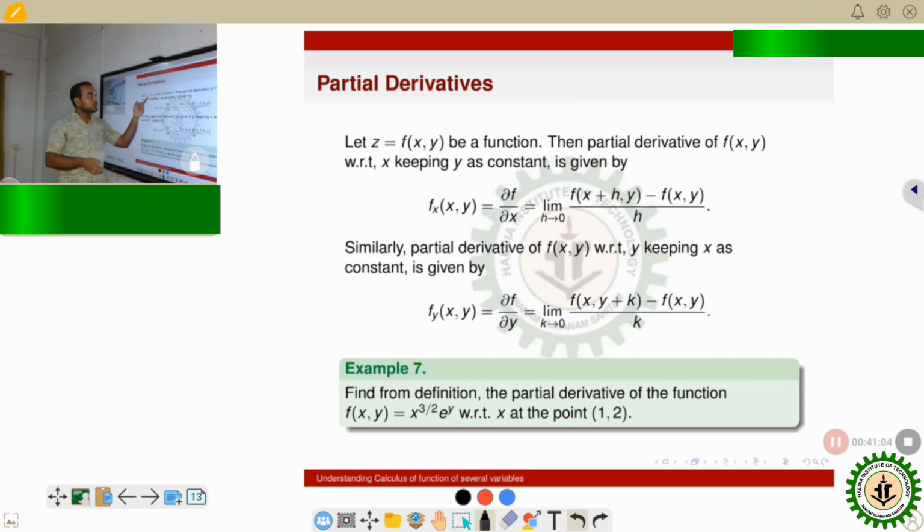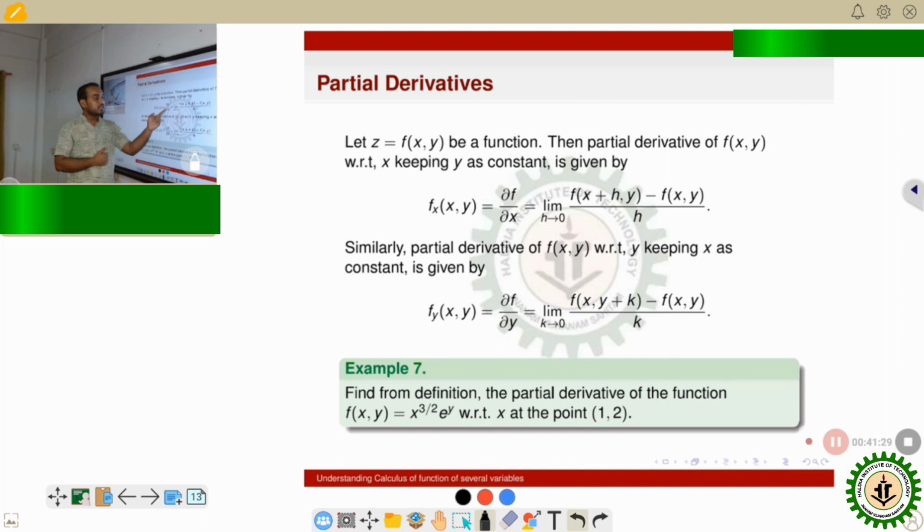Suppose we are trying to calculate the derivative of a function of two variables in terms of x only, not y. Then how will we calculate the derivative? The derivative of the function of two variables f of xy with respect to x is basically del f upon del x. The notation is different because the input variables are 2, but we are calculating with respect to one variable only.